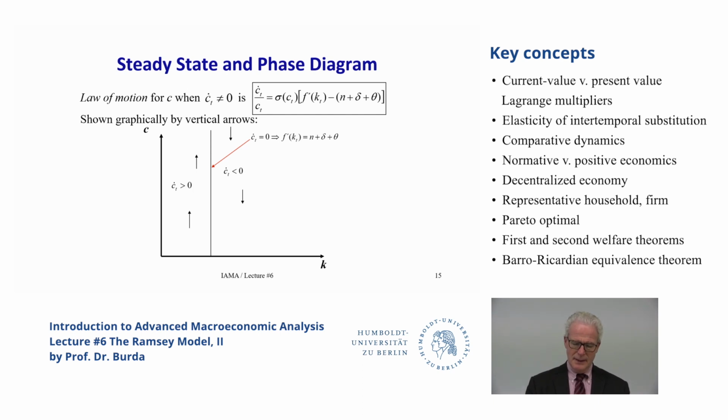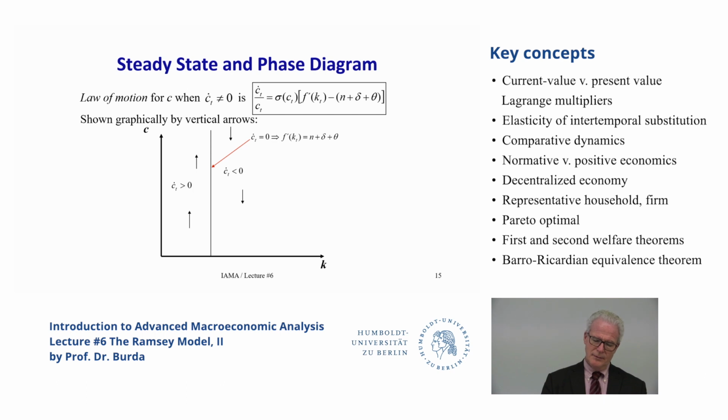So that means that the isocline, or the C dot equals 0 for this model, has to be a vertical locus. It's going to be a vertical line, and any point to the left of the vertical line implies C dot positive, and any point to the right of this isocline will imply C dot negative, declining.